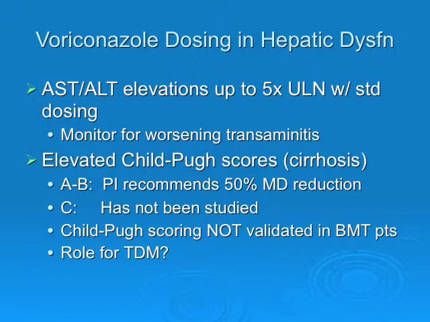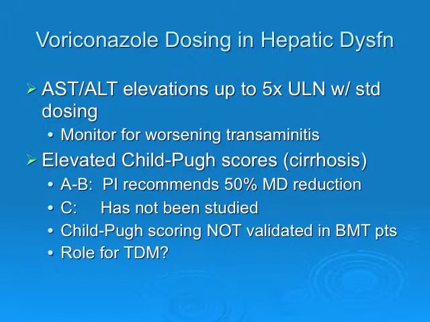Now, this is a somewhat troublesome area to me, elevated Child-Pugh scores. What they did is they took cirrhotic patients, gave them voriconazole, and looked at their pharmacokinetics. They found that for patients with chronic liver failure who are Child-Pugh score A or B, so mild or moderate cirrhosis, they recommend a 50% reduction in the maintenance dose of the drug.